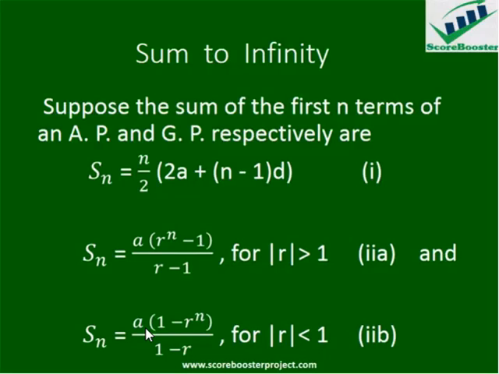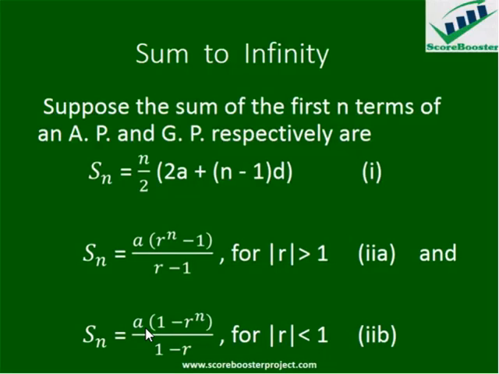For the last value of n we are testing here, that is when n is 10, the value of Sn is 3.99, and the value of r raised to power n is 1/1024, which is also equal to 0.000977.